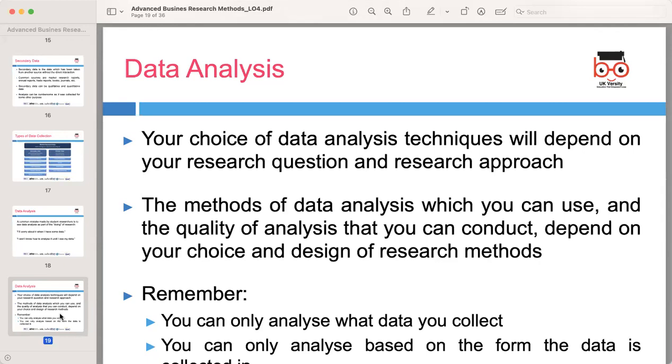So the techniques you employ for data analysis heavily rely on your research question and research approach. When embarking on a research project, you must have a clear understanding of the specific question you want to answer.